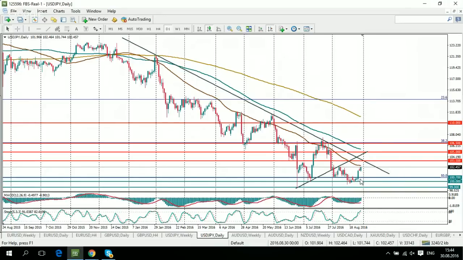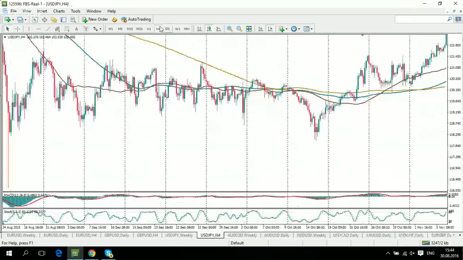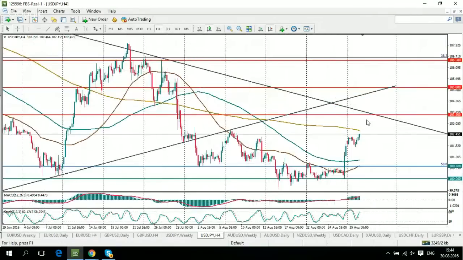For now, the pair is supported by the expectations that the Bank of Japan will ease policy in September, by the expectations that US NFP may come rather well. So the scenario is bullish for the coming sessions. We still have some pips here to catch on the upside.